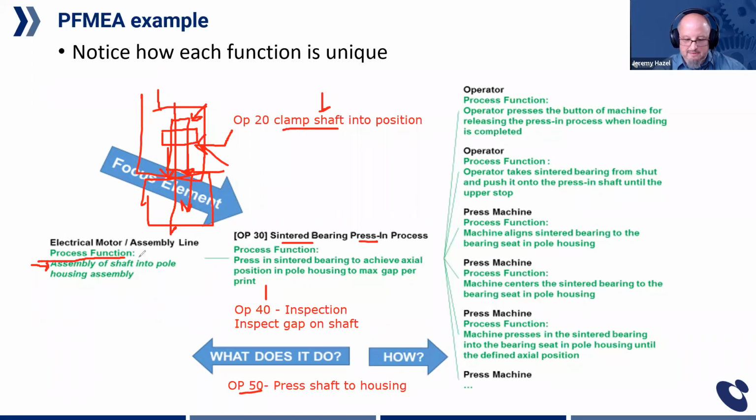All of these steps come together to assemble the shaft into the pole housing assembly. It takes all of these steps in order to do it well. That's how this works. And I did not replicate any sort of function.